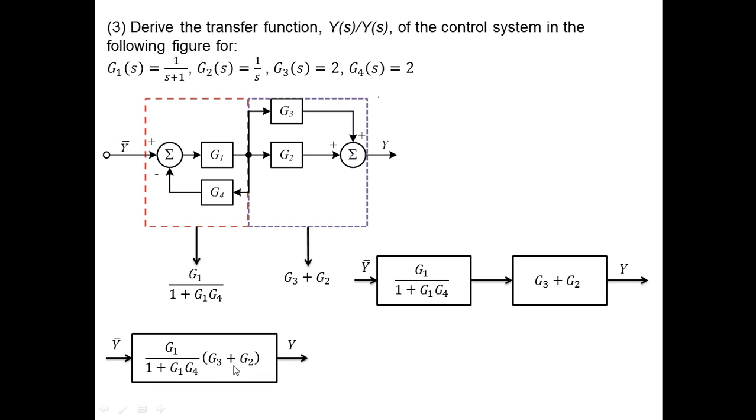By substituting the values, we will have the final transfer function G(s) equal to 2s plus 1 over s multiplied by s plus 3. So the purpose of this problem is to familiarize the students with how to use the simplification rules for a given complex block diagram.